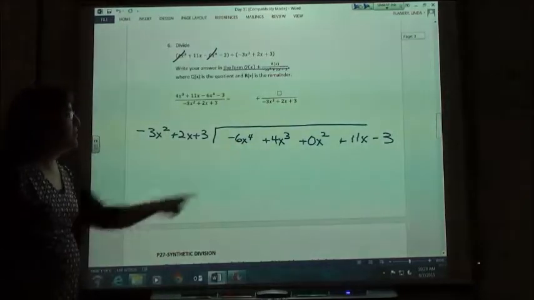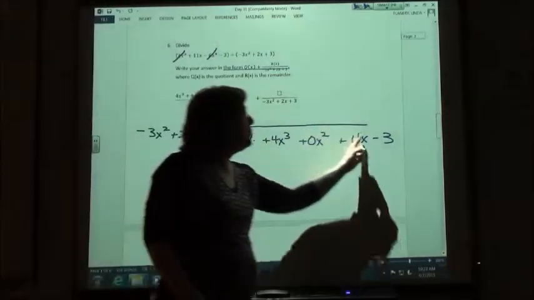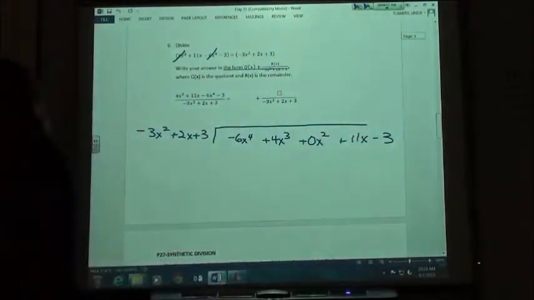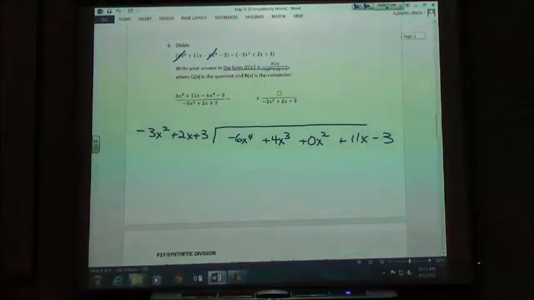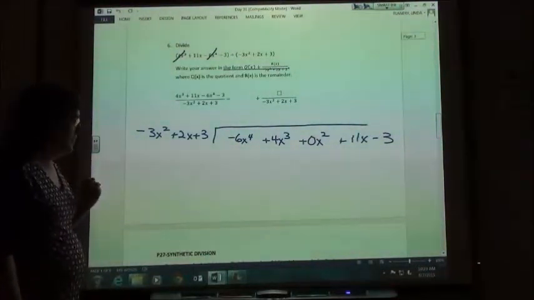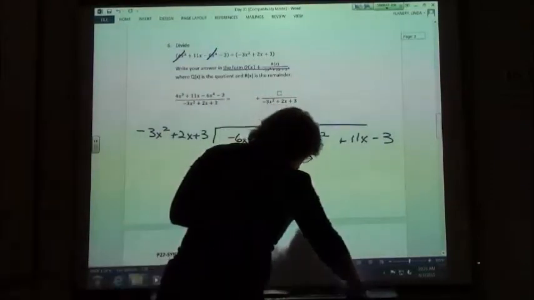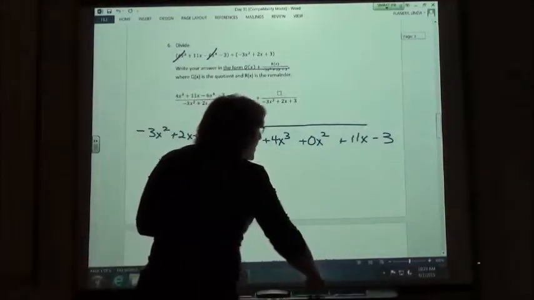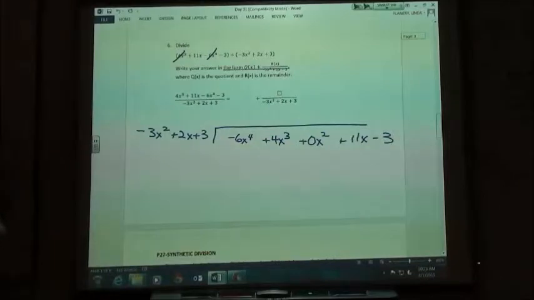So we have 4, 3, 2, 1, none. 4, 3. See all the exponents? They go down in descending order. 4, 3, 2, and then to the first, and then the constant term. Okay, so watch for that. If there's no squareds, I put 0x squared, or whatever one it is.